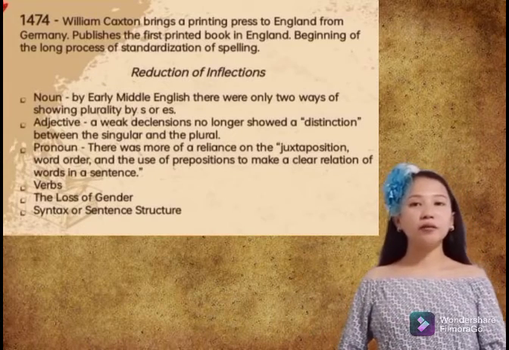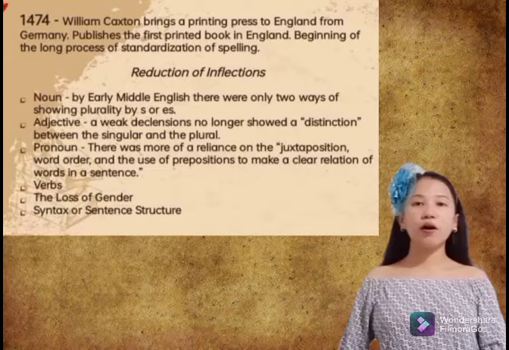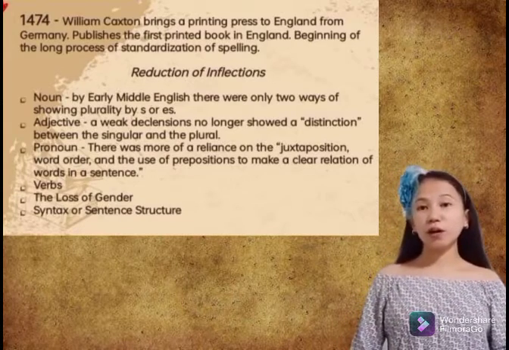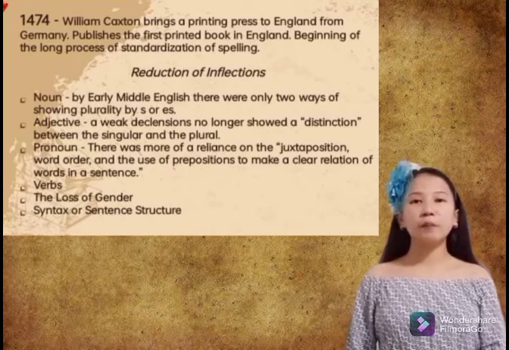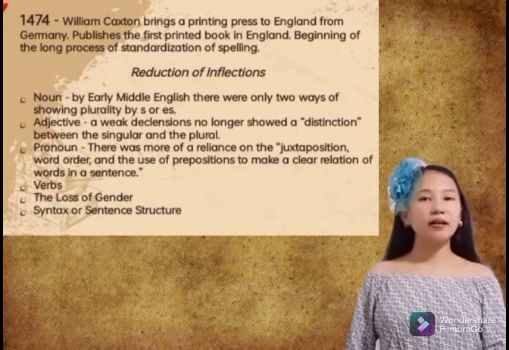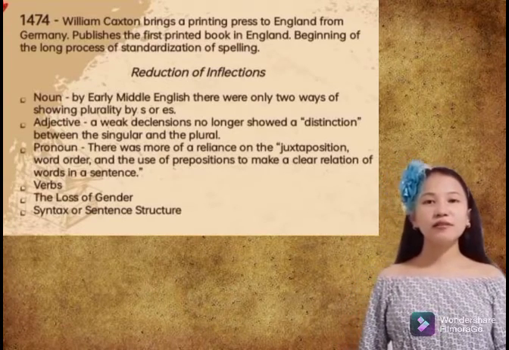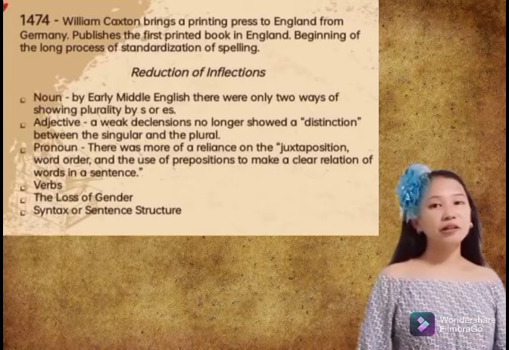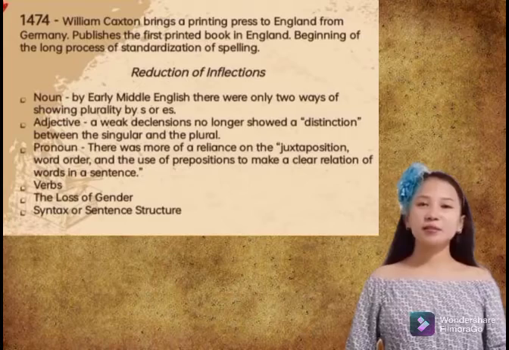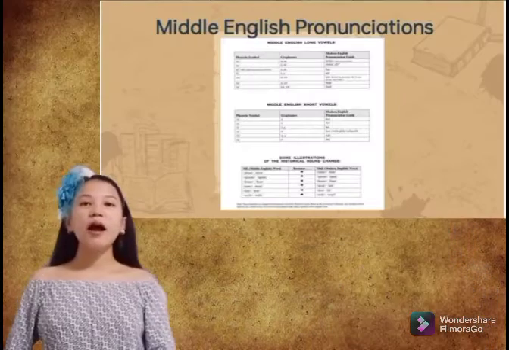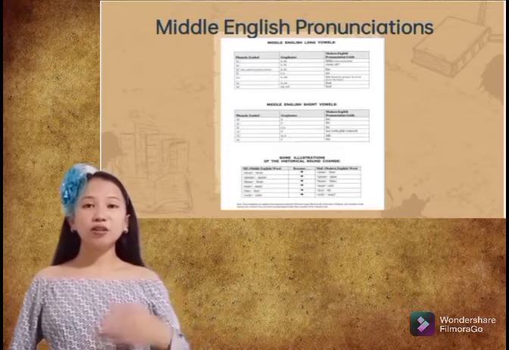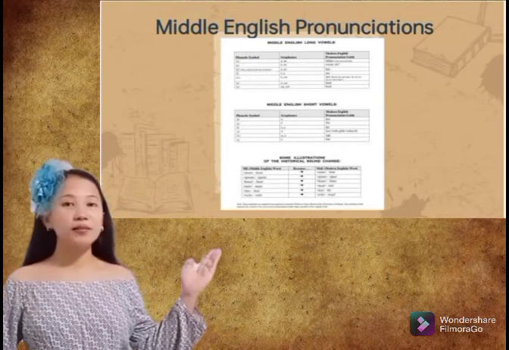Pronoun: there was more reliance on juxtaposition, word order, and the use of prepositions to make clear the relations of words in a sentence. Verb: the loss of gendered syntax or sentence structures. Middle English pronunciation is shown here in our presentation.